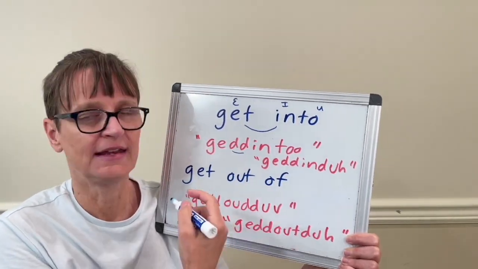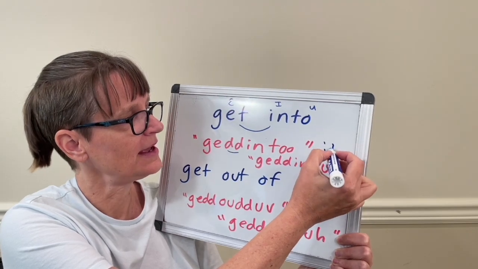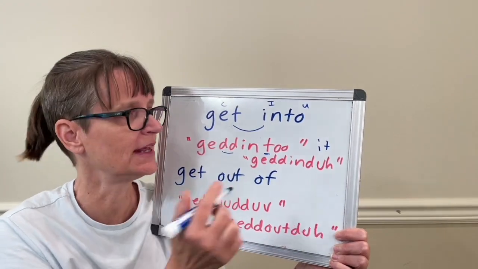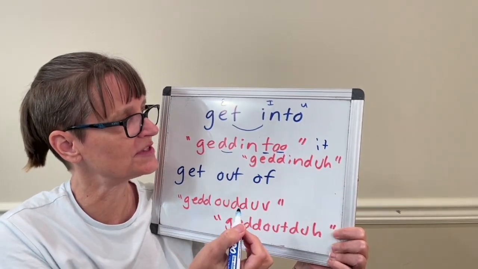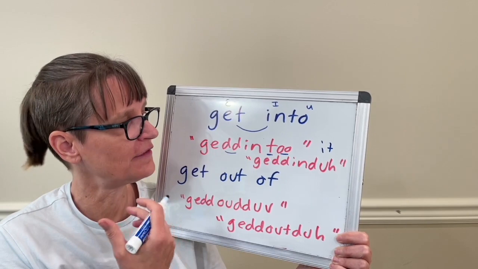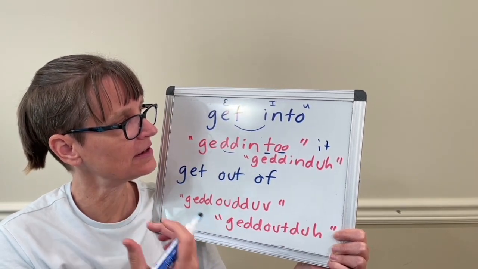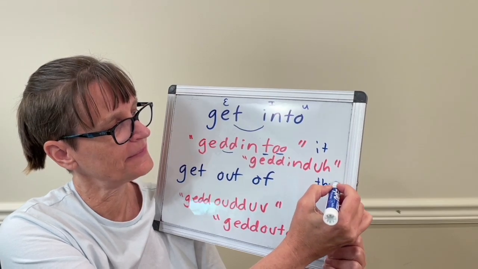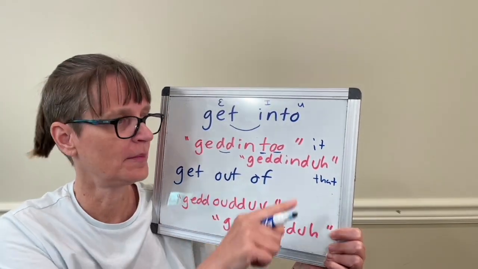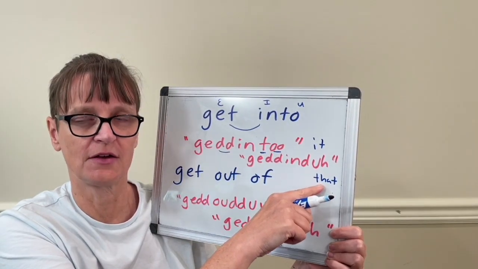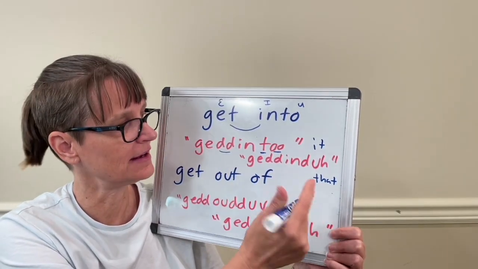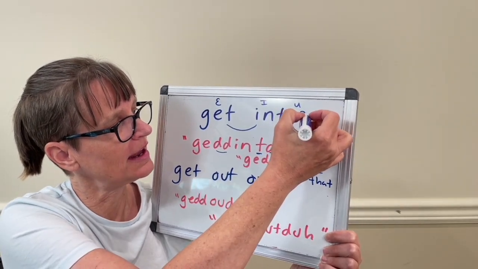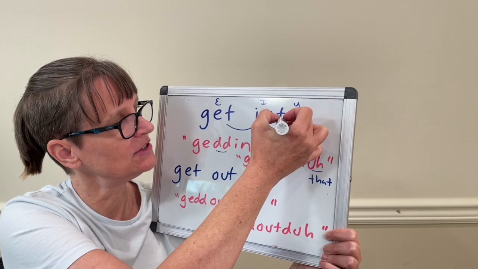If I'm saying get into it, I may still keep this as a T sound, get into it. And I may still keep this as an oo sound. However, if I'm just saying get into something, get into that, when I'm going from into to a consonant sound, like the TH of that, get into that, I may change my oo to a schwa, and I may change my T to a flap as well.